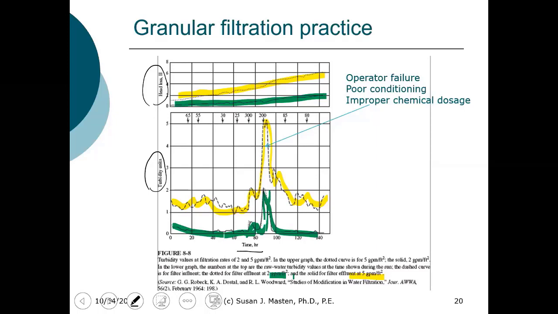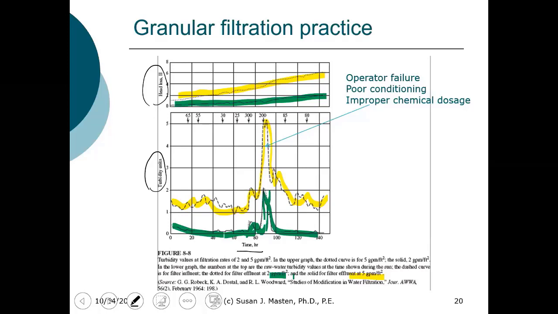But there was some sort of malfunction previously that would have resulted in this increased turbidity. And you can see, not surprisingly, at the higher approach velocity, the impact of that failure is much greater than at a lower approach velocity.